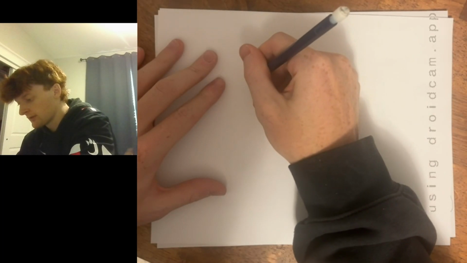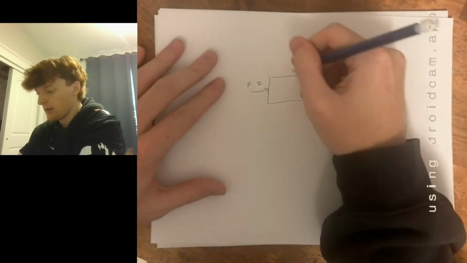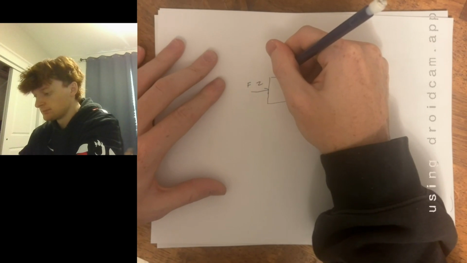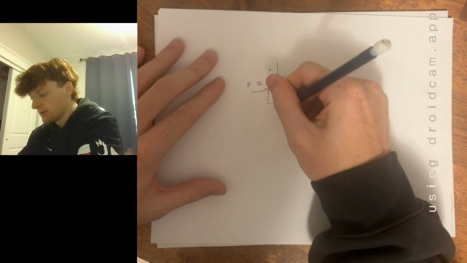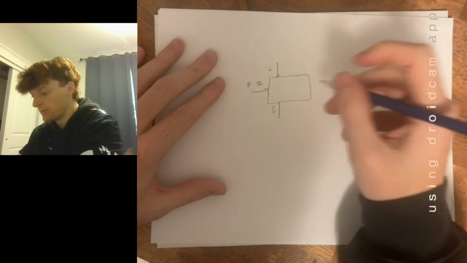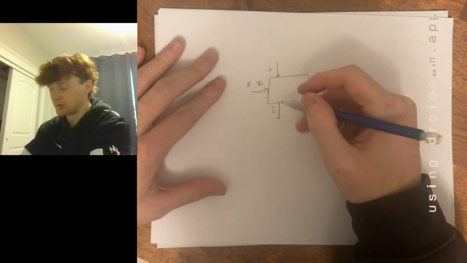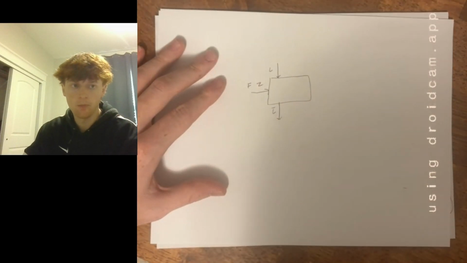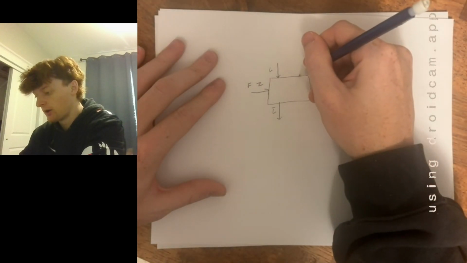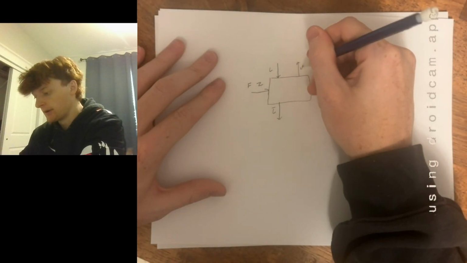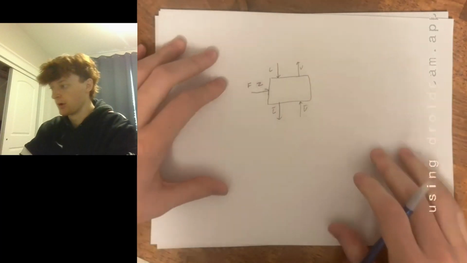We have a feed, F, with a composition of Z. Then we have our liquid coming down here, and this is going to be our L bar, because this is now going into where our stripping line is the driving force. And then we have our vapor coming up, and that's going to be V bar.